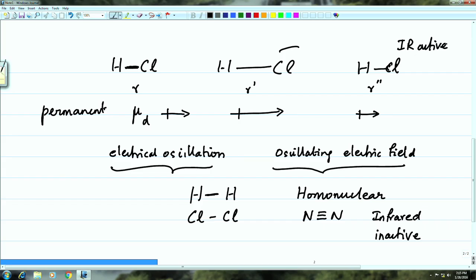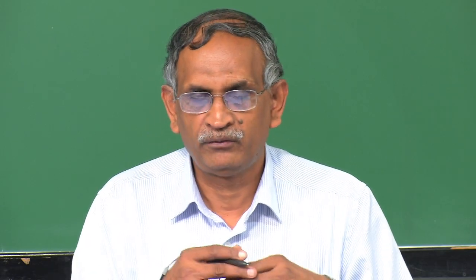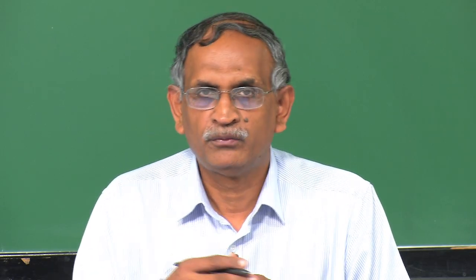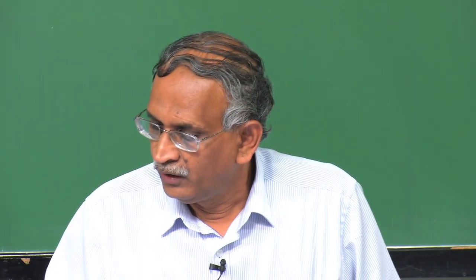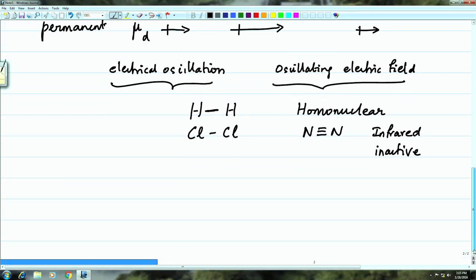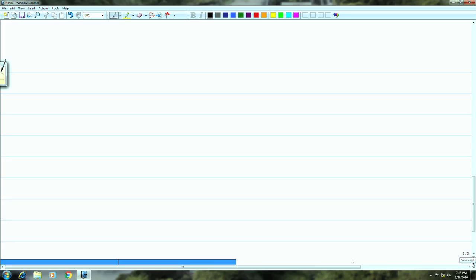And so is carbon monoxide, carbon dioxide, polyatomic molecules. In polyatomic molecules, there is more than one vibrational motion, as we will see, and therefore it's possible for us to have infrared spectra for some of the motions. But in the case of a diatomic molecule, the vibrational motion is a 1 degree of freedom motion, given the fact that if you have again HCl, hydrogen has 3 coordinates in any axis system.